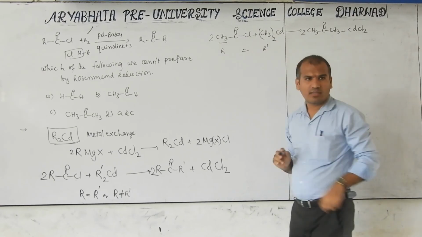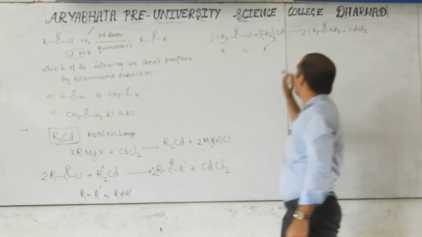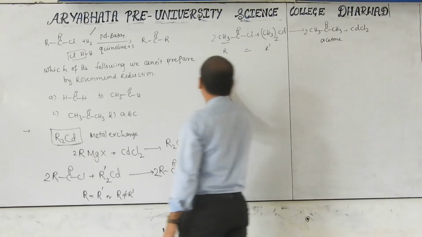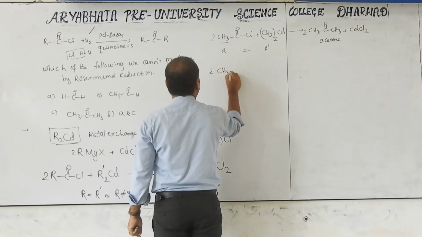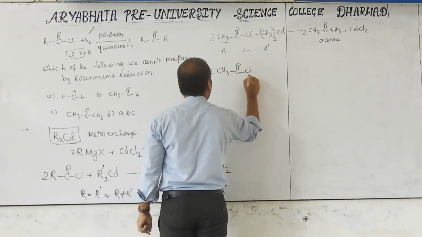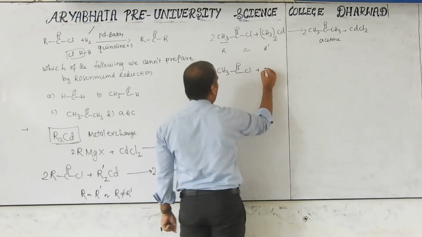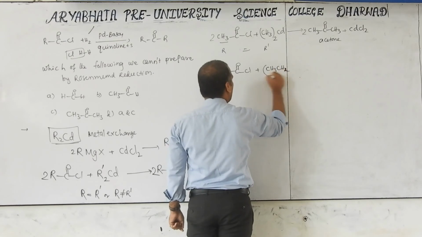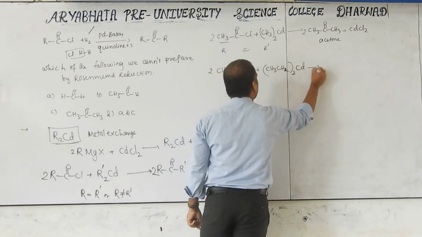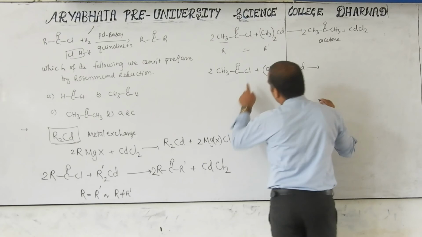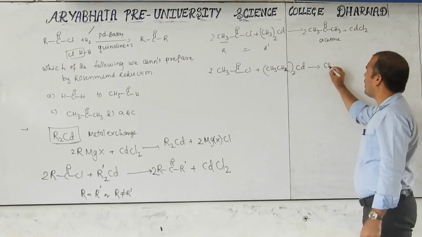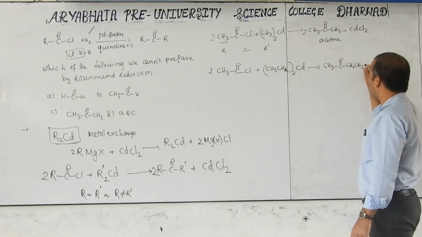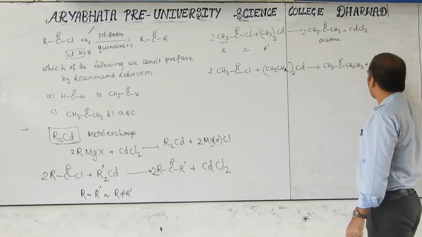Both are whatever. See? Now this is called acetone. Next, 2 moles of CH3, C double bond O, Cl, plus I will take here an ethyl group, (CH3CH2)2 cadmium. Then we will get here, this Cl replaced: CH3, C double bond O, CH2, CH3, plus cadmium chloride.